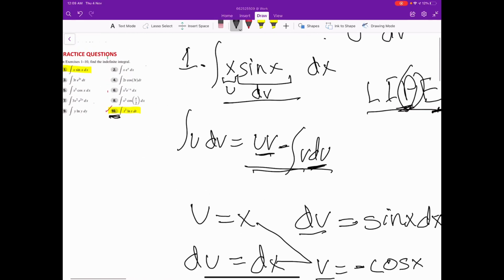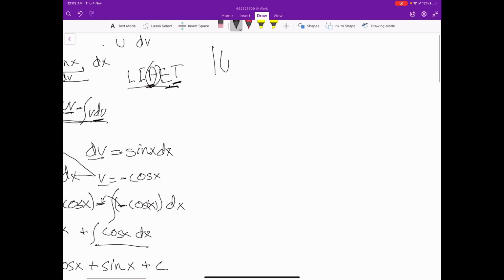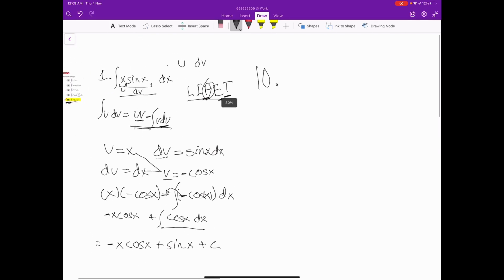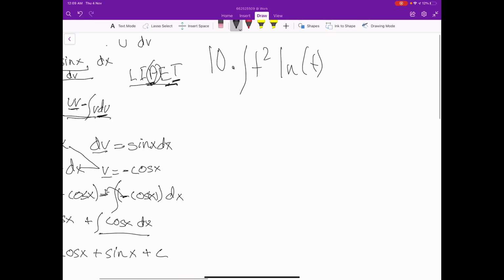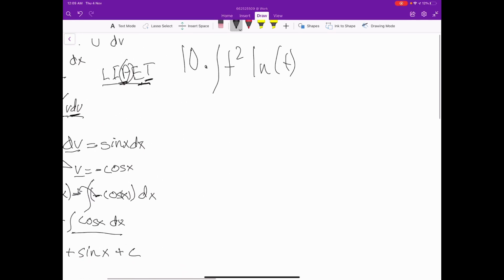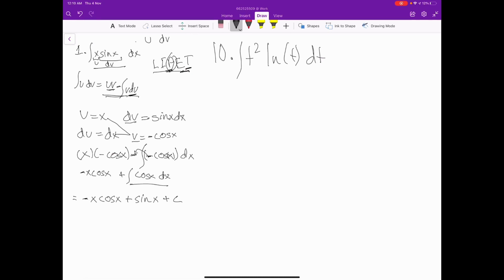Now let's solve question number 10. I will go fast on it because now we understand everything. Just let me copy it. Integral of t squared ln t dt. I chose this question because in the past question, the u was a polynomial. But in this question, we have both a polynomial and a log, or ln. Which one comes first, L or P?